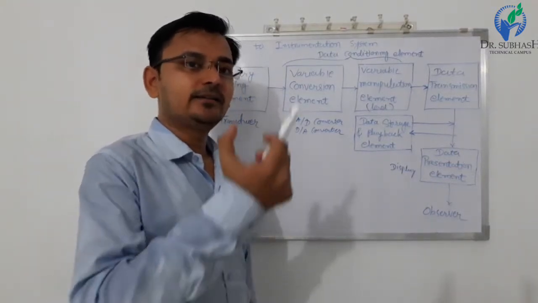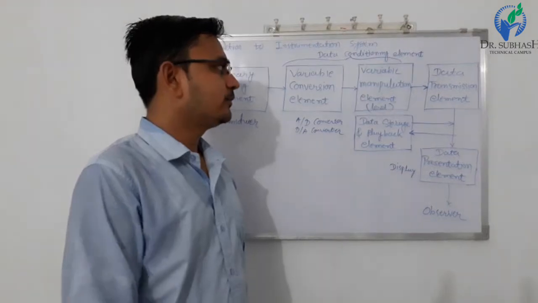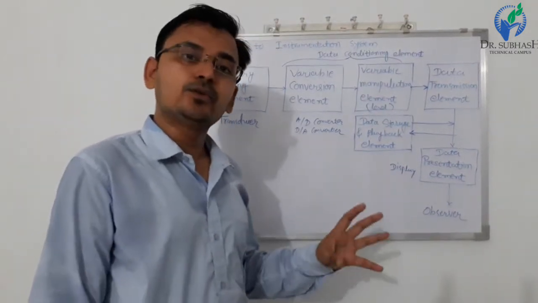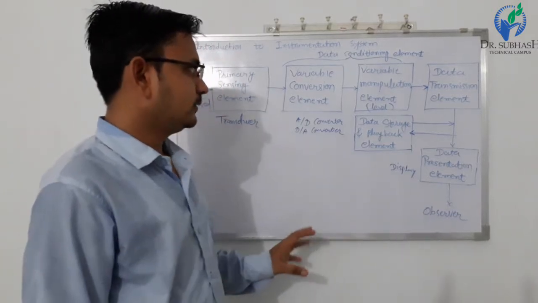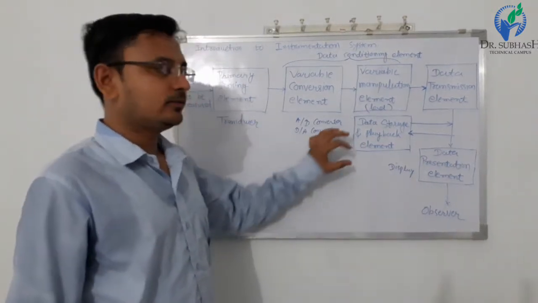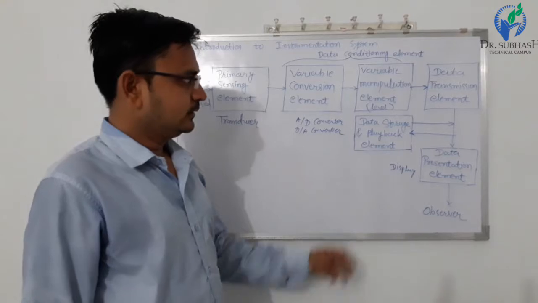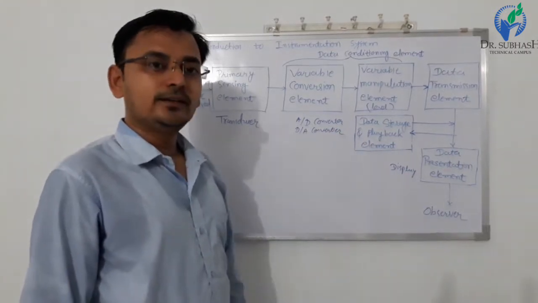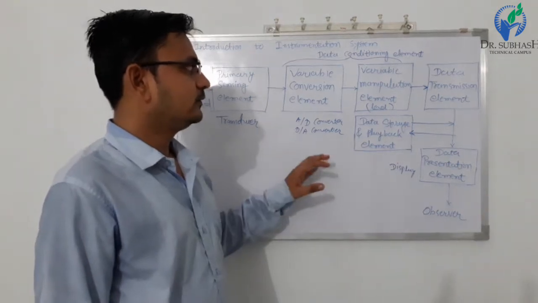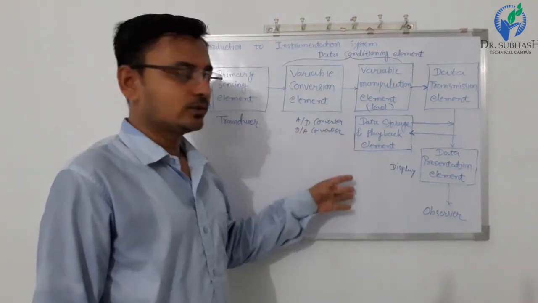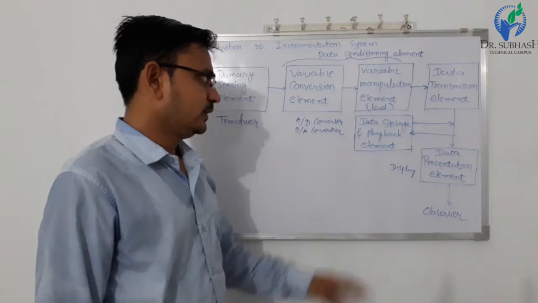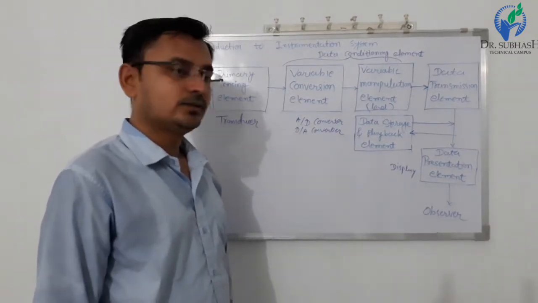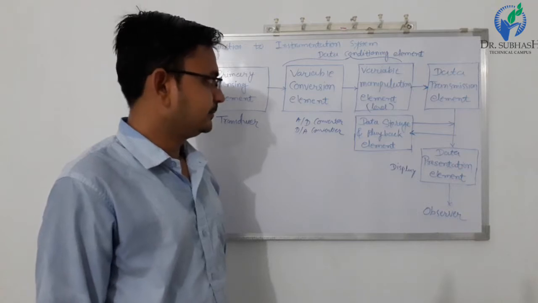We have to integrate the reading of the whole month, so for this purpose we have to store the data. So an energy meter is an example of a data storage device. Data storage devices are used in many instruments. We have to take records of different types of instruments, and for this purpose we can use the data storage and playback element.